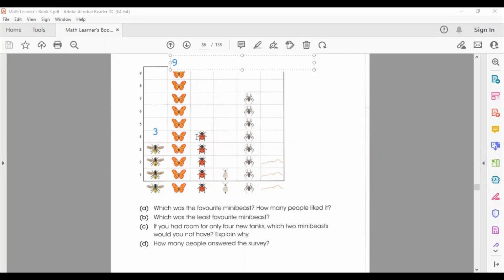And what about ladybug? Easy, 4. Then 1 for snail. And after this, spider: 1, 2, 3, 4, 5, 6, 7. So we write here 7, and 1, only 2.